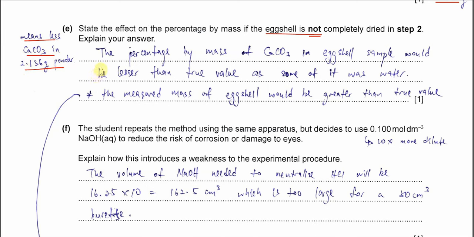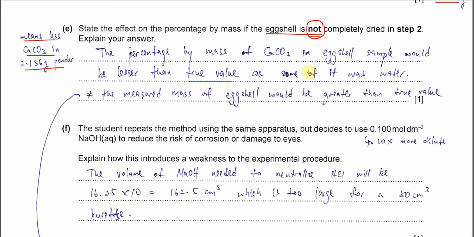So what you need to say is, the percentage by mass of calcium carbonate in the eggshell sample, when it's not dry, would be lesser than the true value. The reason is, some of it was water.